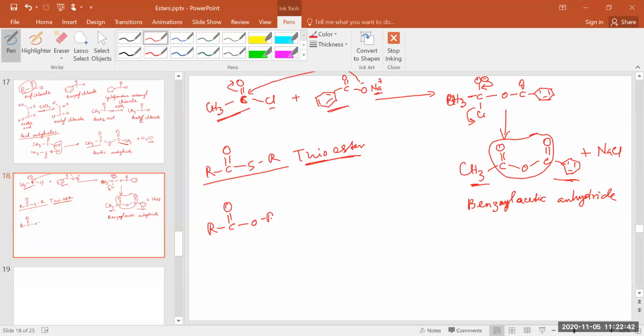Ester, COOR. For ester nomenclature there are two parts here. One, that R prime, the R attached to the oxygen: you need to name this one first. Then the other portion is considered as the derivative of an acid.